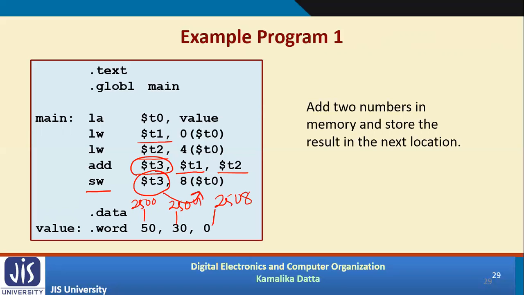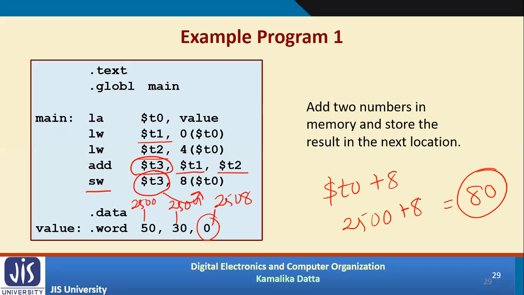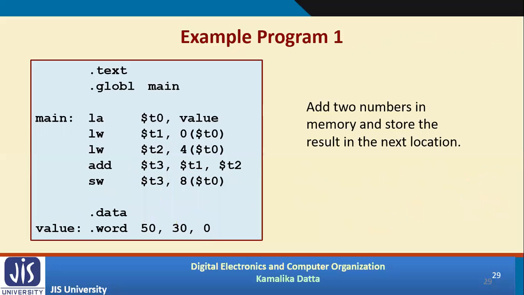Initially 2500 was stored in $T0, so $T0 plus 8 will be 2508, the location where I will store $T3 after adding 30 and 50. That value, 80, will be stored there. But in QtSPIM everything will be shown in hexadecimal form, so you can convert it. I'll stop here and go to the screen and do it.